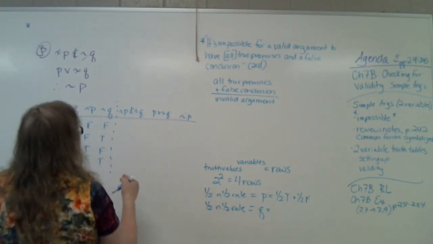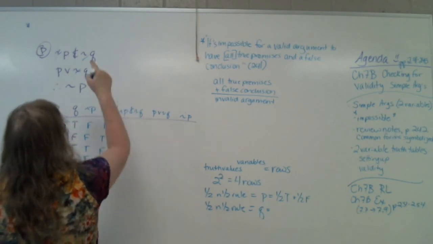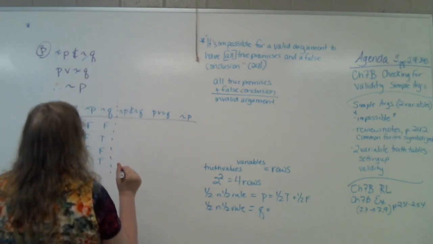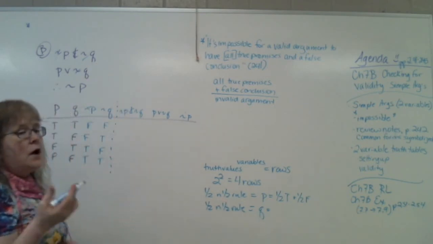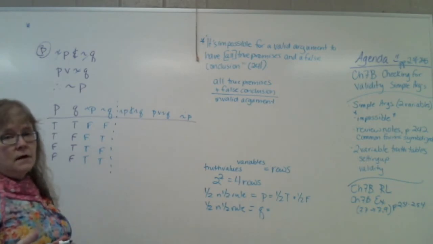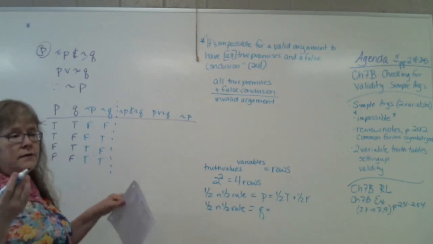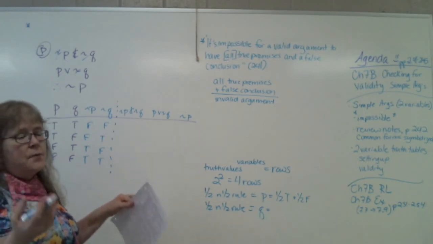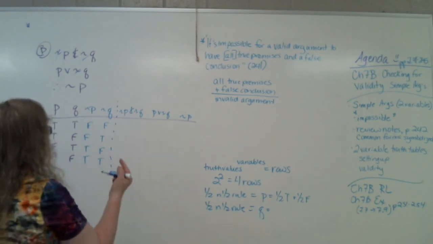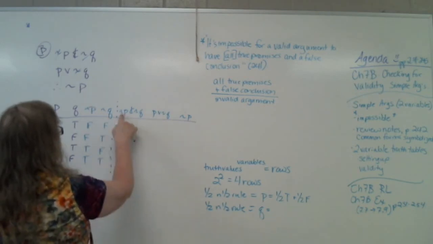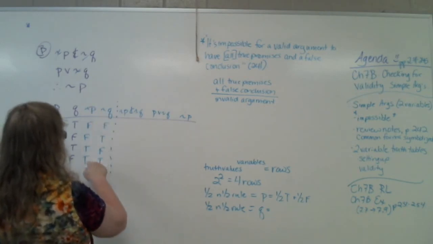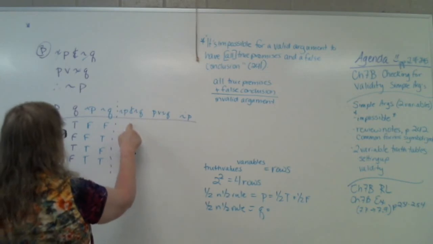Here my first premise is not P and not Q. We know that the only time an and is true is if both of the conjuncts are true. So I'm using the truth values of not P and not Q to figure out what this statement's truth value is.